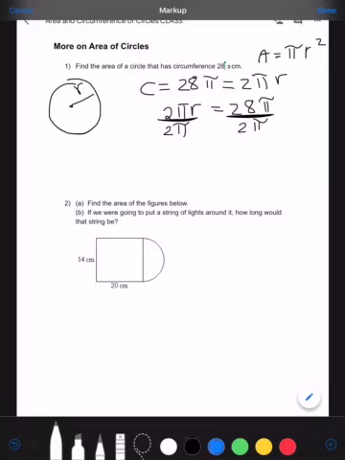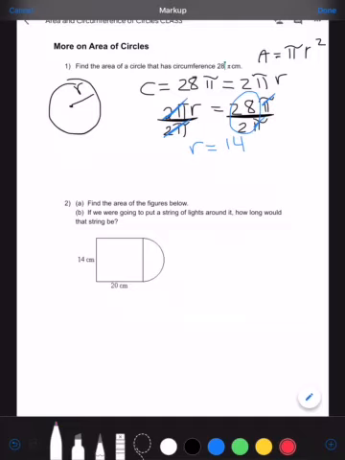So now we see that the 2 pi cancels with the 2 pi, the pi cancels with the pi, and we have 28 divided by 2. That's going to give you, yes, you're right, the radius is going to be 14 centimeters, although we're not using the units yet.